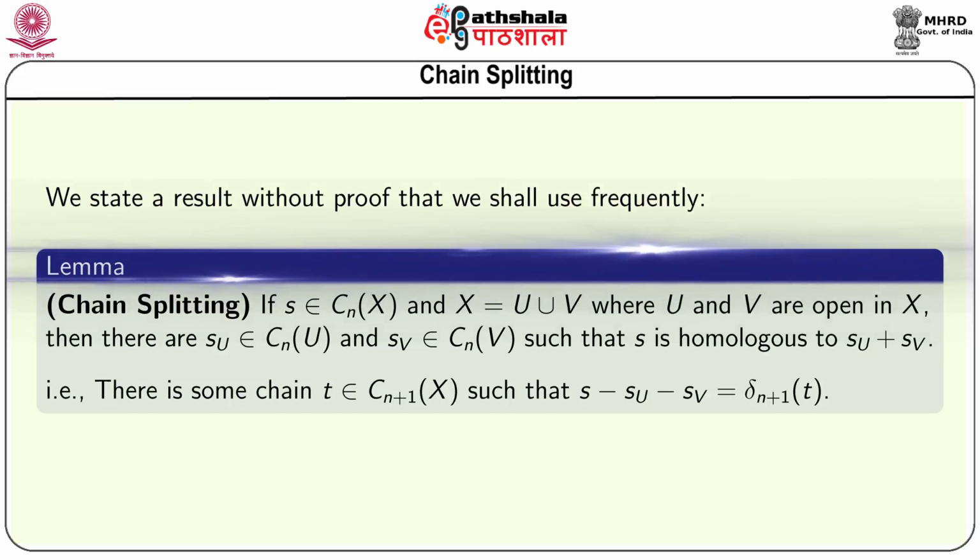If S is a member of C_n X and capital X is U union V, where U and V are open sets in X, then there are S_U and S_V respectively in C_n U and C_n V such that S is homologous to S_U plus S_V. That means, there is some chain T in C_{n+1} X such that S minus S_U minus S_V is equal to ∂_{n+1} of T.